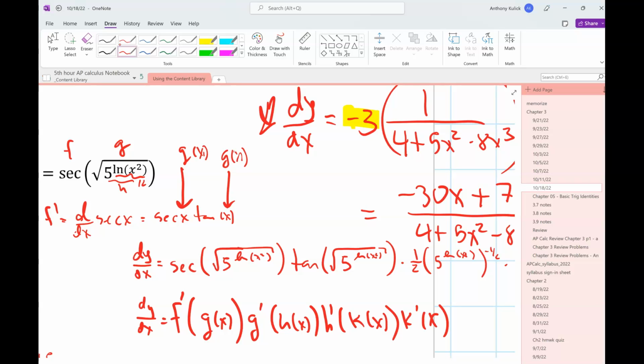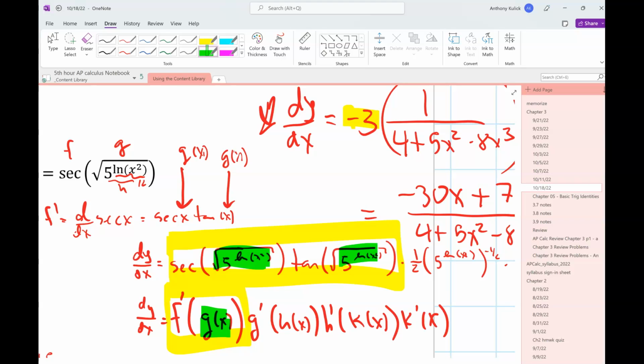When I do f prime of g of x, I have to plug g of x into two places, not just one. So that is this stuff right here, and the g of x is that part. Can you see it now? Yeah, I understand that. That's tricky, right?